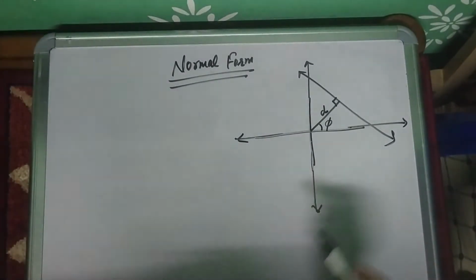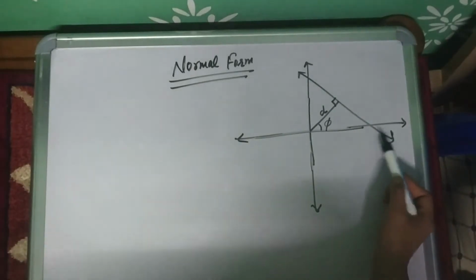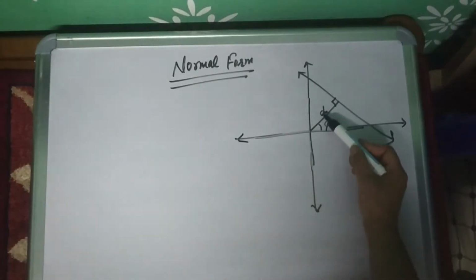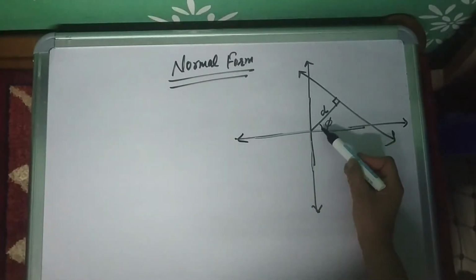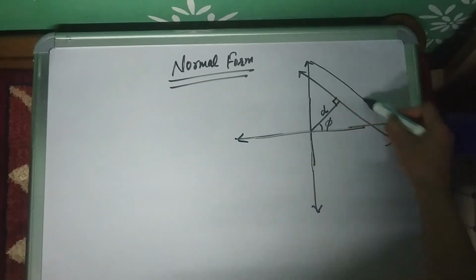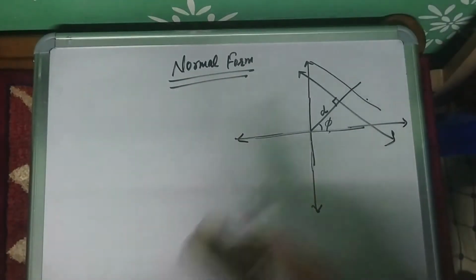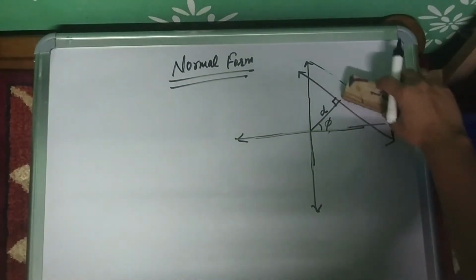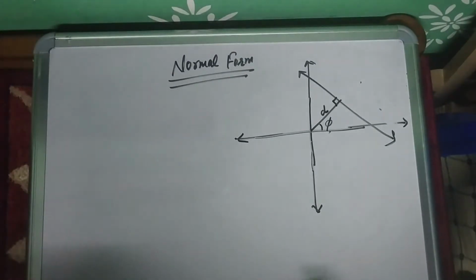Now we know if these two things are given, then the line is specific, because there are many lines which are at a distance of 3 units, and in the same way there are many lines whose perpendicular makes angle phi. In fact, this perpendicular belongs to this line also, so this will also make phi, but d and phi given together specify a line.